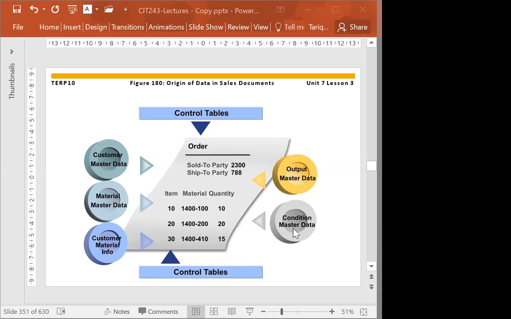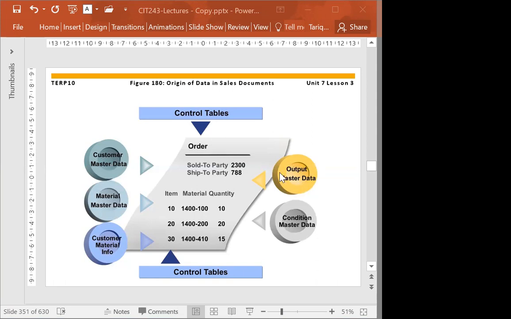Okay, and then we have condition master data. Output, they say it's master data, but actually it is just an output. So one more time, we have 4 master data: customer master data, material, customer material information, and then condition master data.